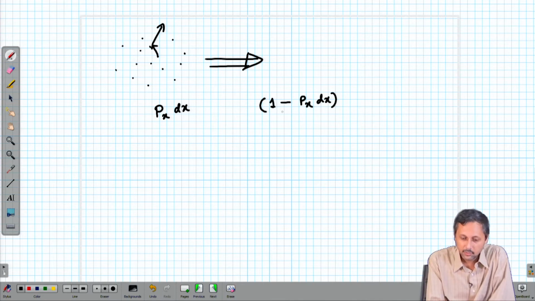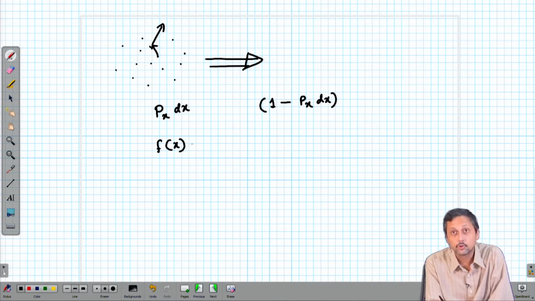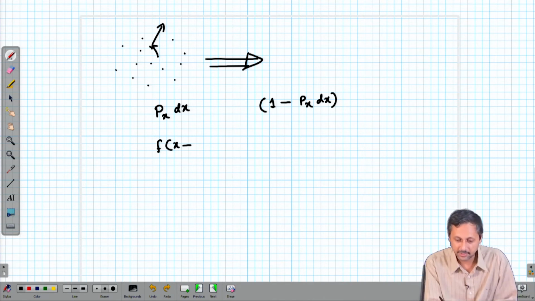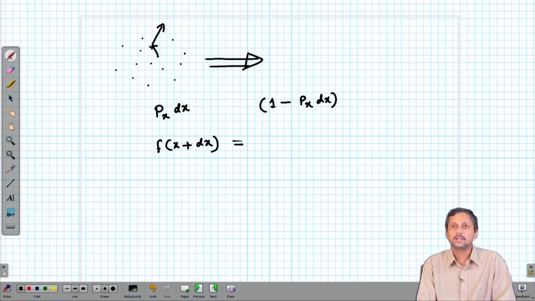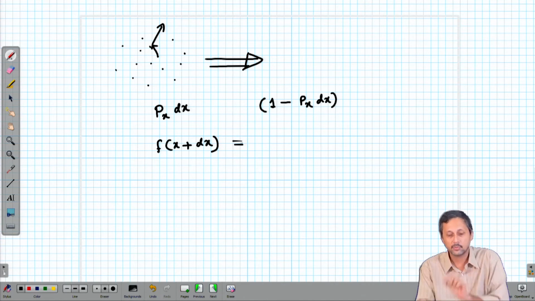Right. Now, the function f x talks about the probability of not suffering a collision up to a distance x. So, the function f x plus dx is the probability of not suffering a collision up to a distance x plus dx. Now, what will that be?